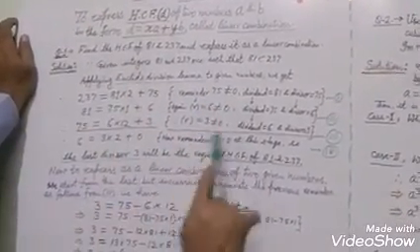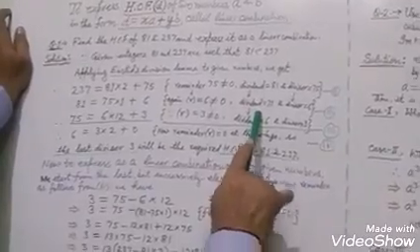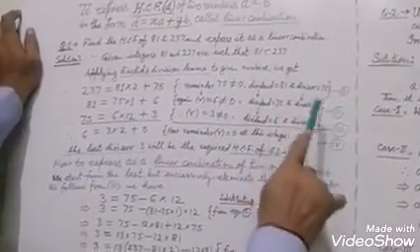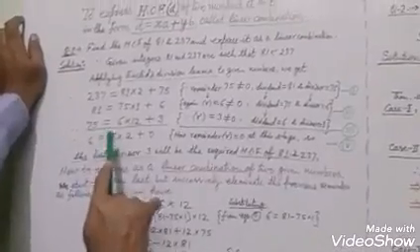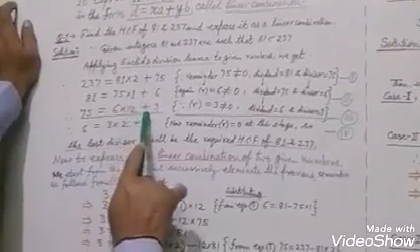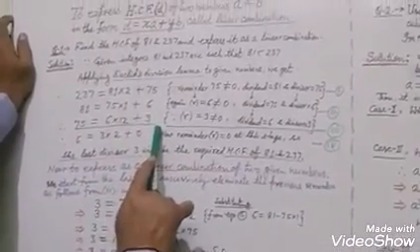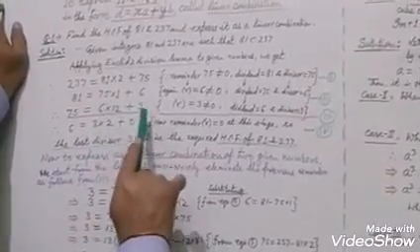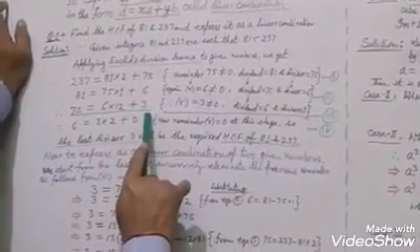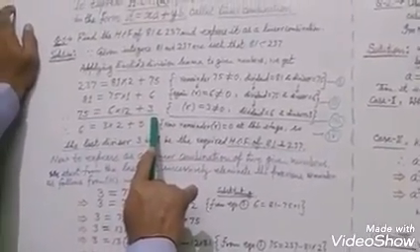So the dividend is 75 and the divisor is now 6. 75 = 6 × 12 + 3. Okay. Now the remainder is 3, so that is not equal to 0.